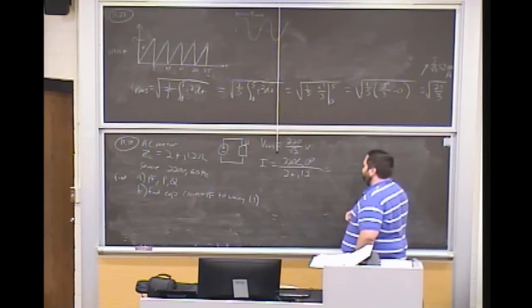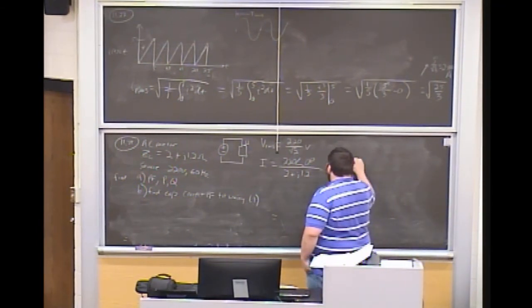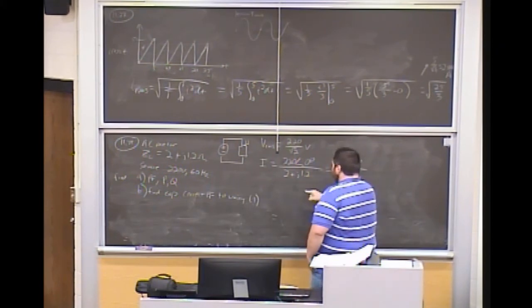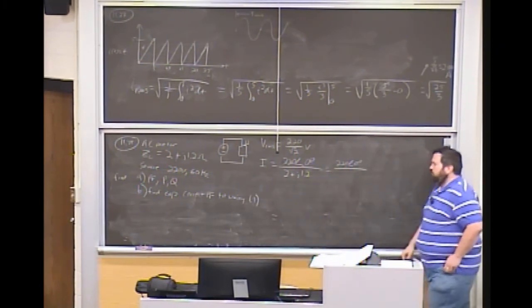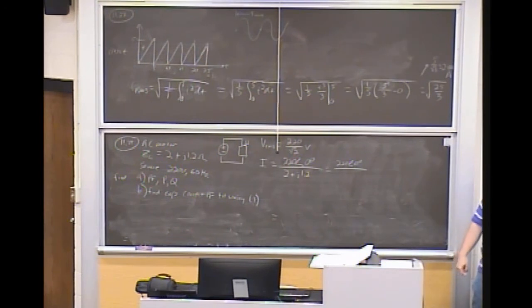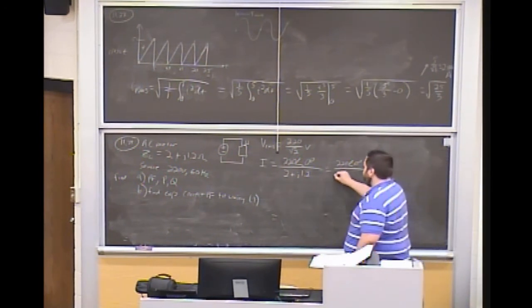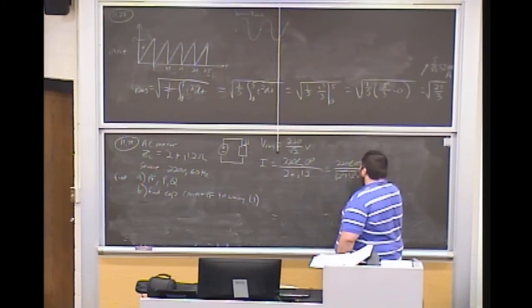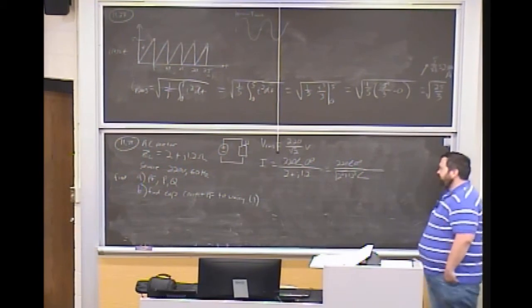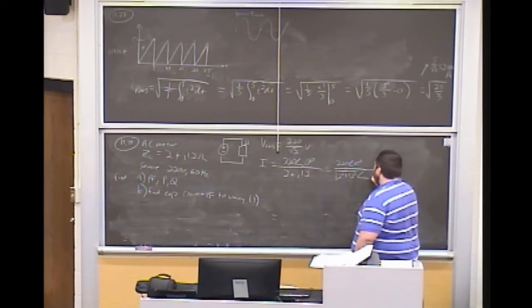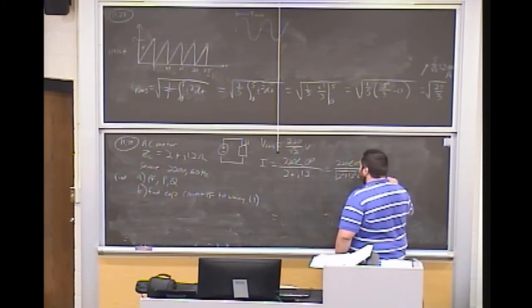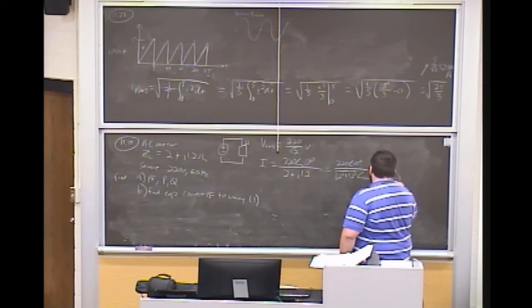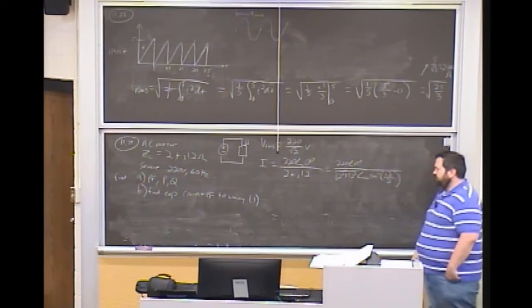I'm going to go ahead and convert this impedance into a phasor. How do I do that? All right, so what is the magnitude of that phasor? Square root of 2 squared plus 1.2 squared. And then my angle here is what? Inverse tangent of the imaginary part divided by the real part.